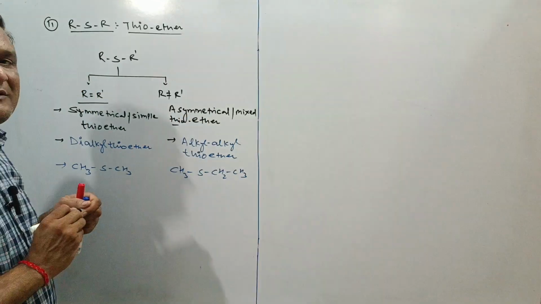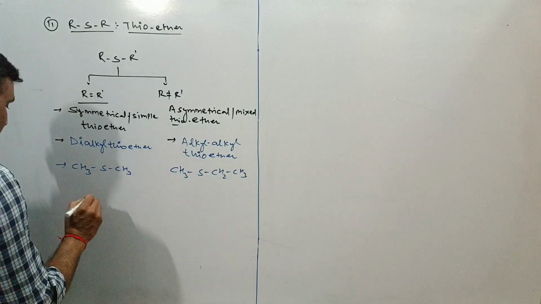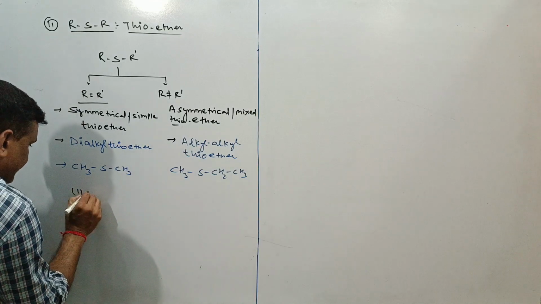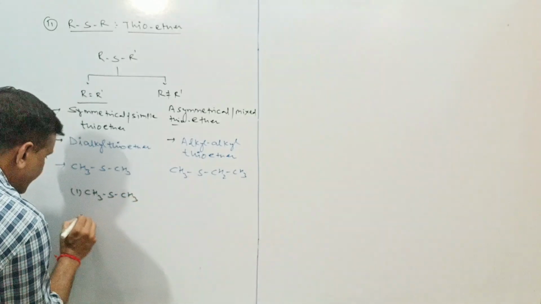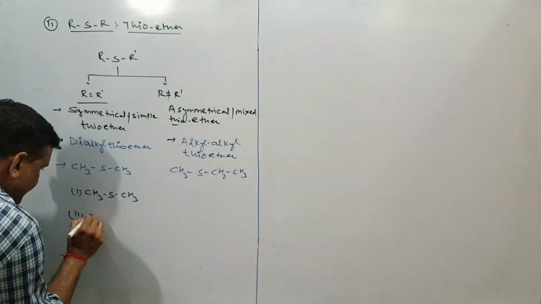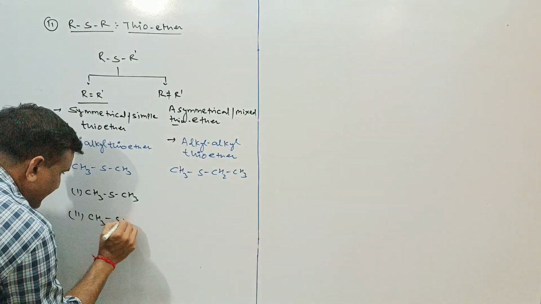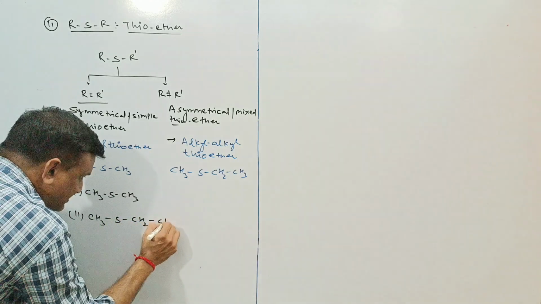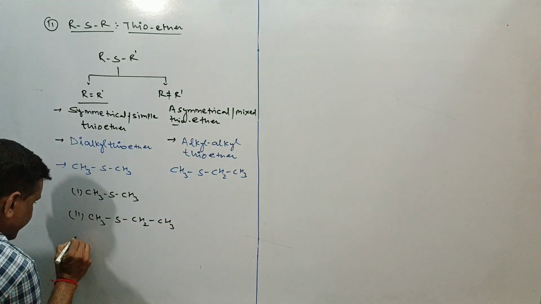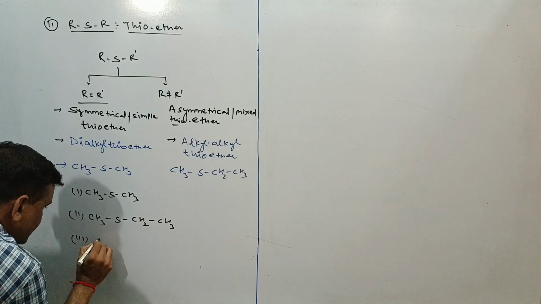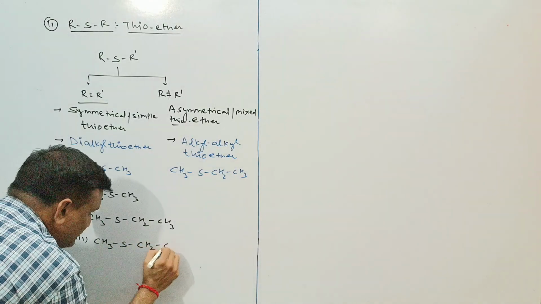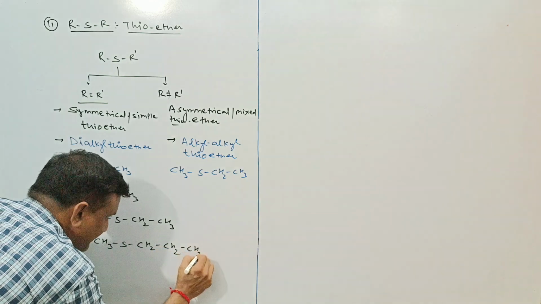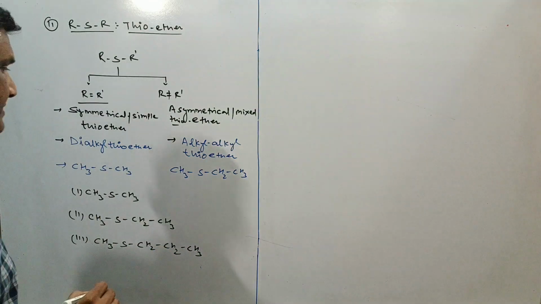Now it is time to discuss the nomenclature. For the nomenclature, the first practice compound is CH3-S-CH3. The second is CH3-S-CH2CH3. The third is CH3-S-CH2CH2CH3.